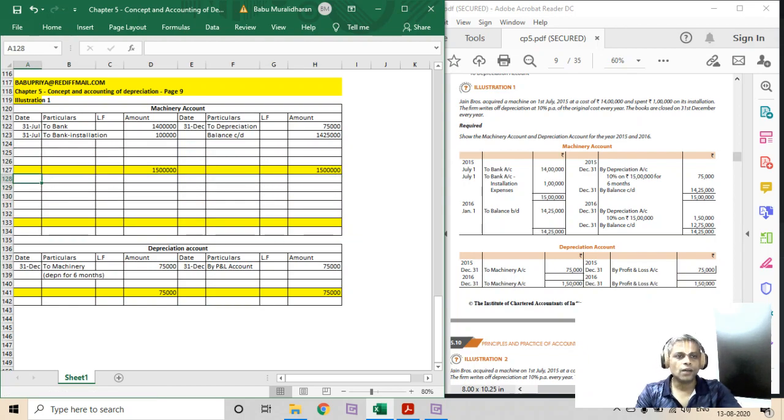So now we have balance brought down for the year 2016. The balance brought down is 14,25,000.